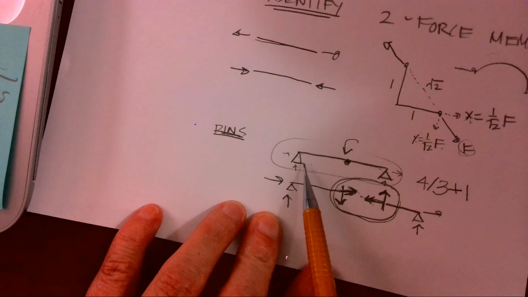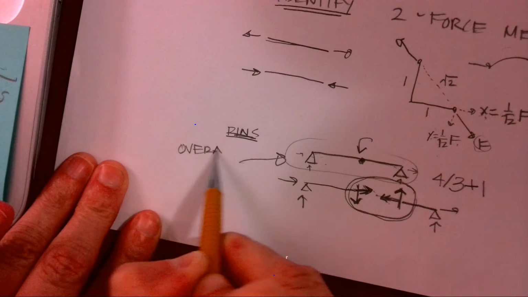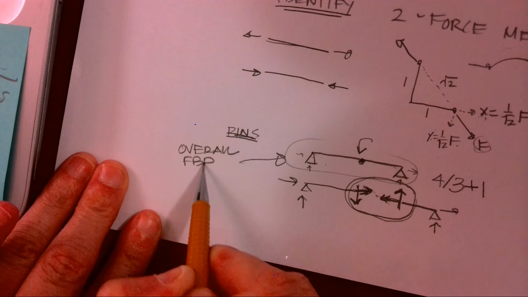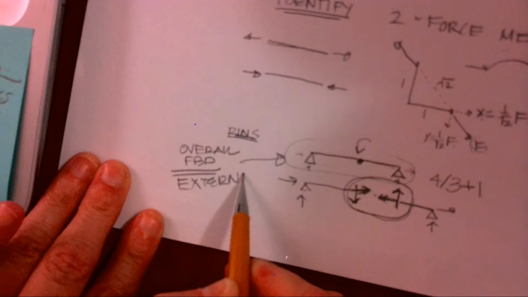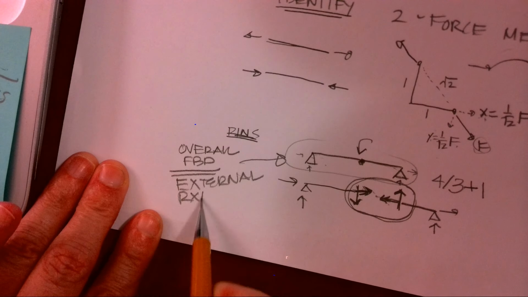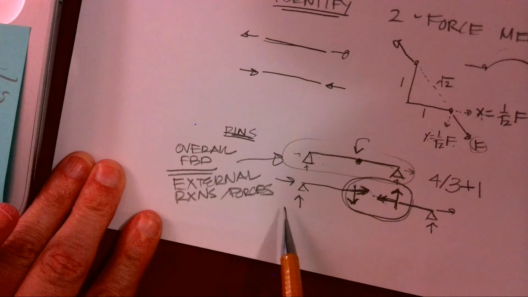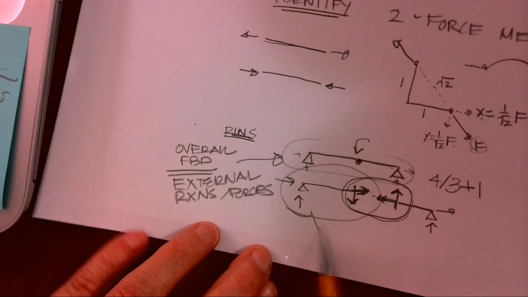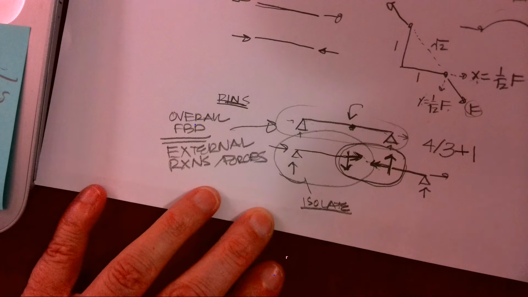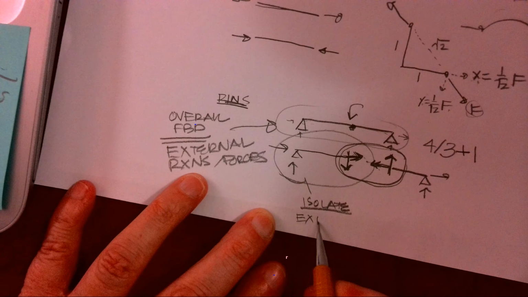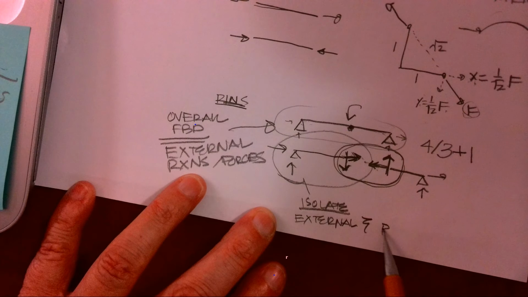So I have my overall free body diagram, and it is only going to have external reactions and forces. When I break it apart and isolate each member, then I will have external forces and the forces on the pin.